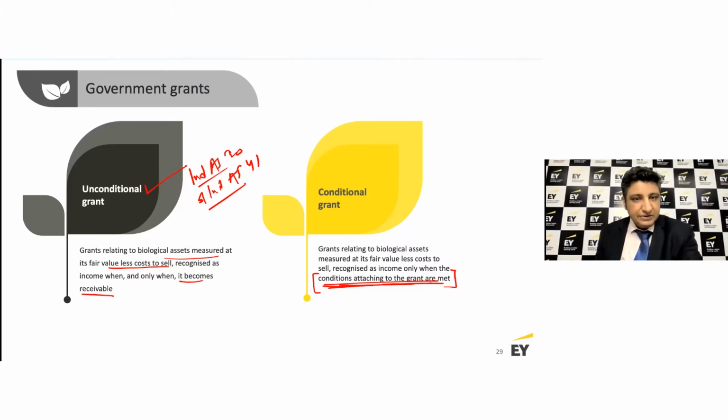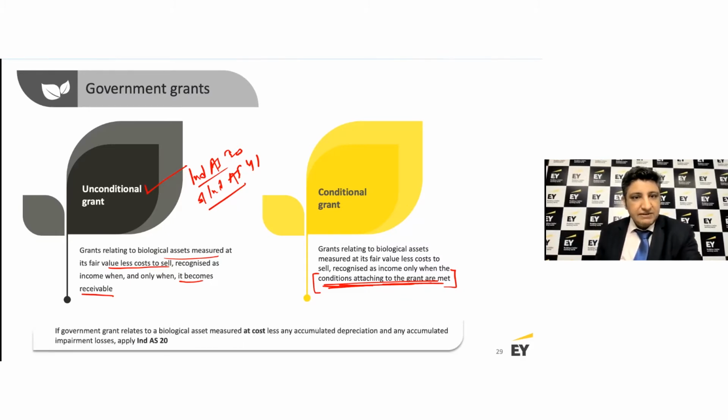grant is concerned. Okay. So if I say, for example, it were not a biological asset measured at fair value less cost to sell, but it were a grant relating to a biological asset measured at cost, again very rare, then only you can use Ind AS 20.